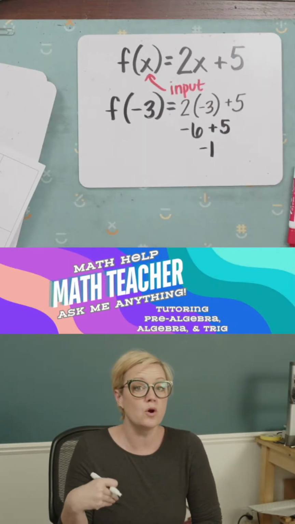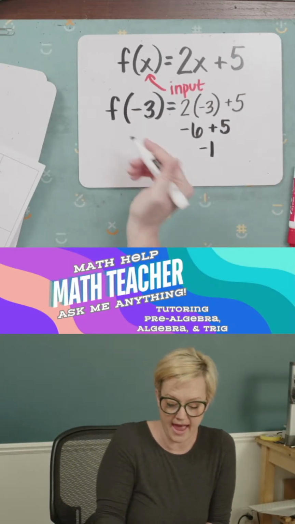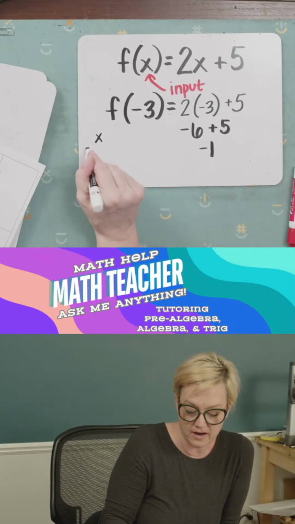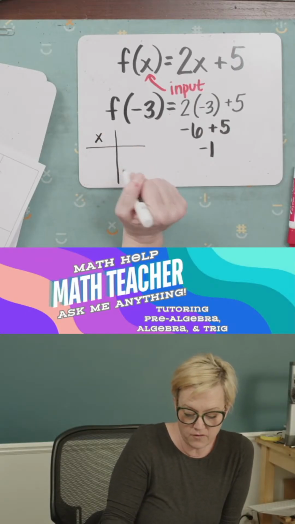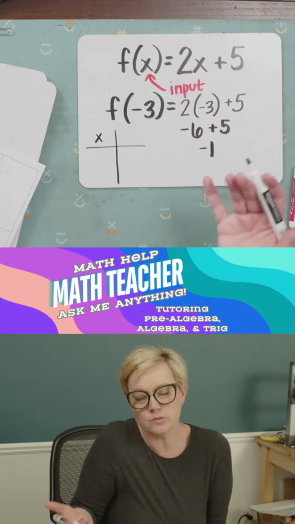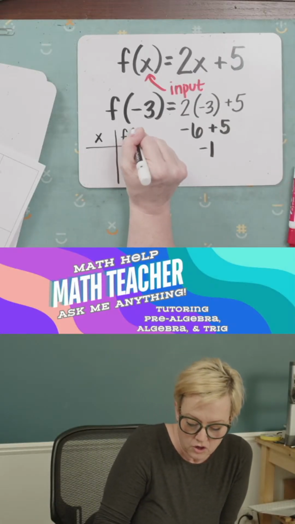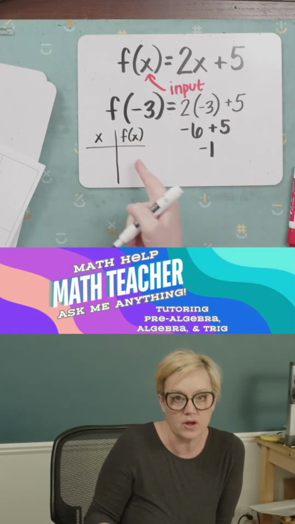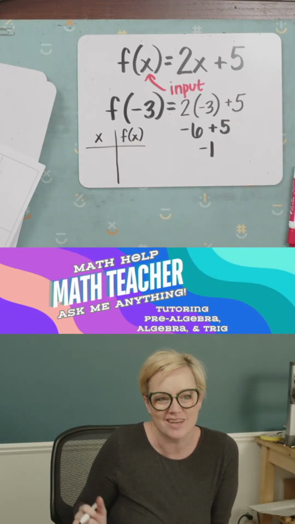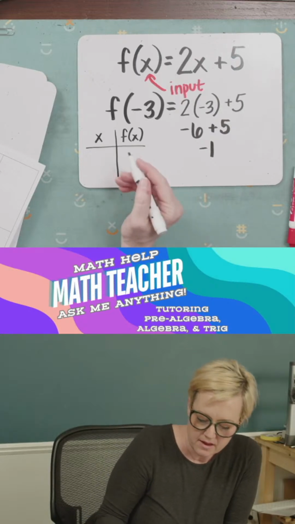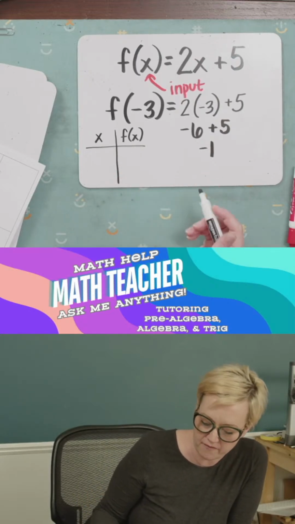Okay, now if this were an equation where I were trying to graph it, for all intents and purposes, f of x is y. Because when you have your x and y chart, you're really talking about that input and output. So f of x is the same thing as y when you're talking about graphing.